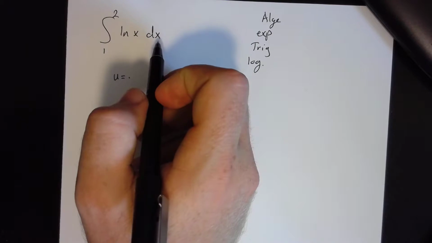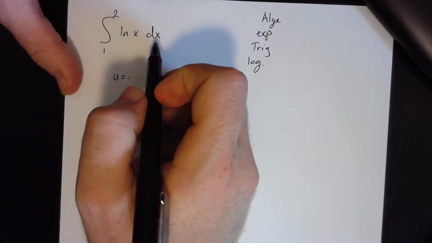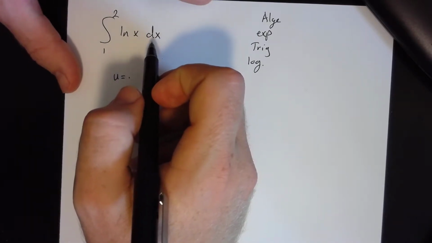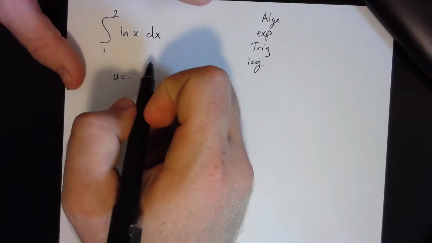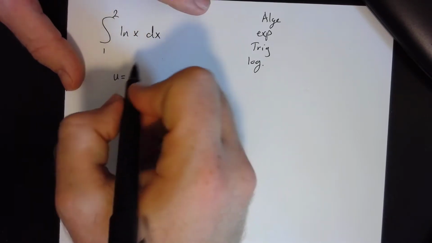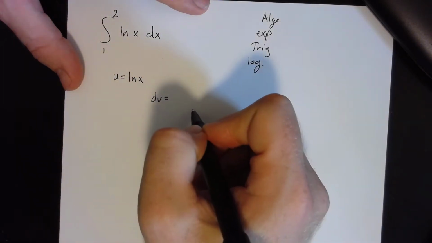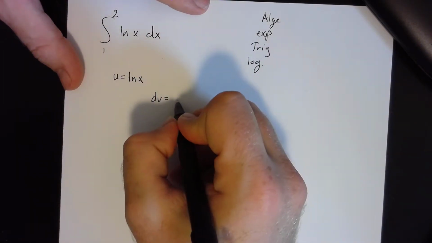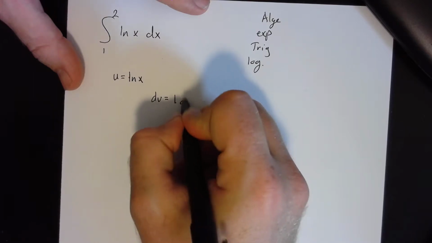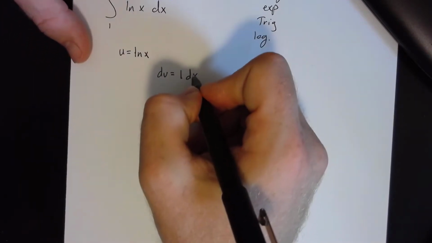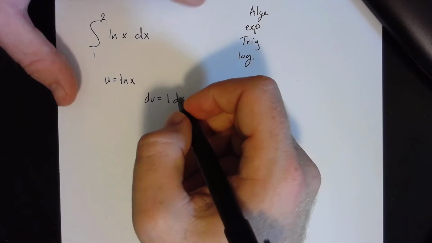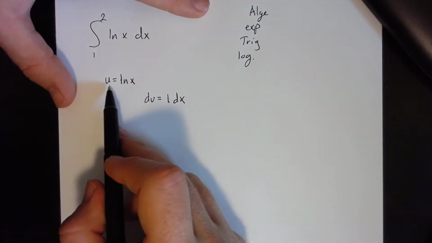You know that the integral of 1 over x is the natural log of x. You also know the derivative of natural log of x is 1 over x. So that would force us to say that maybe I want to let u equal the natural log of x because I actually know that derivative. Where dv would be, well, what's left over? 1 dx.